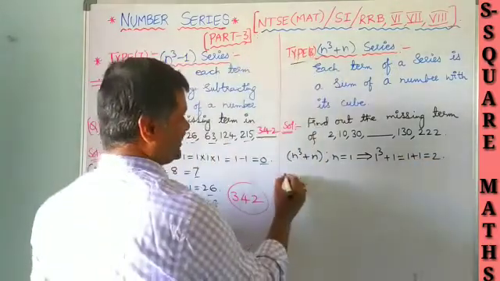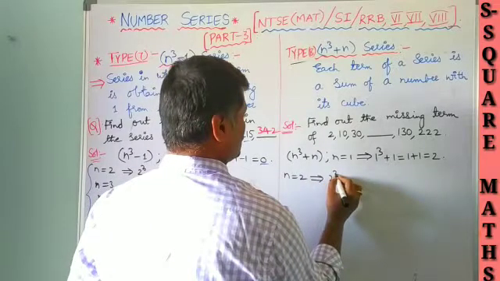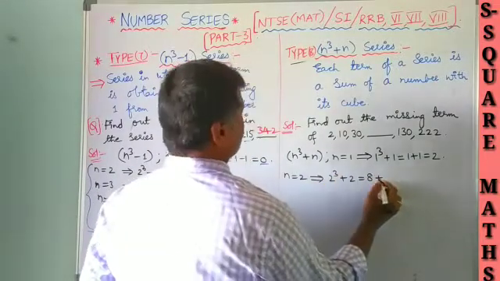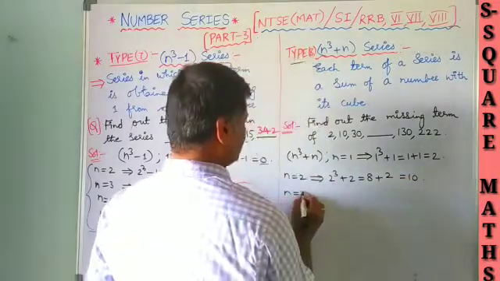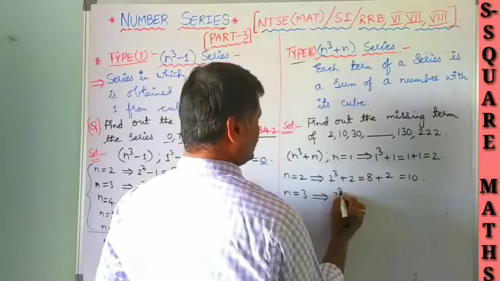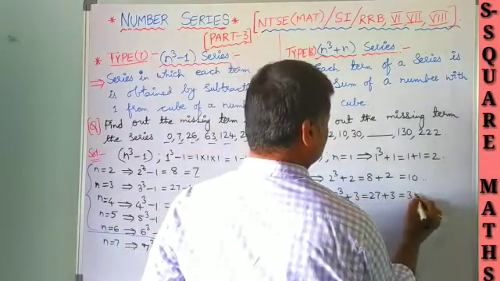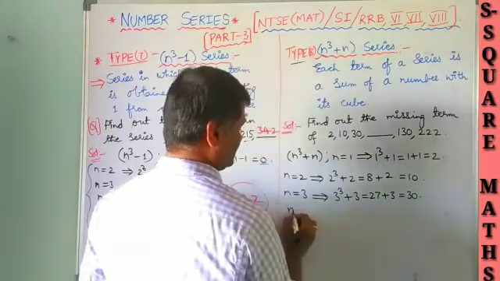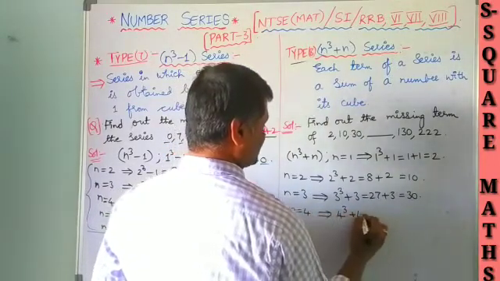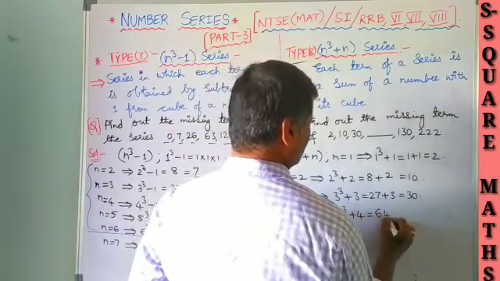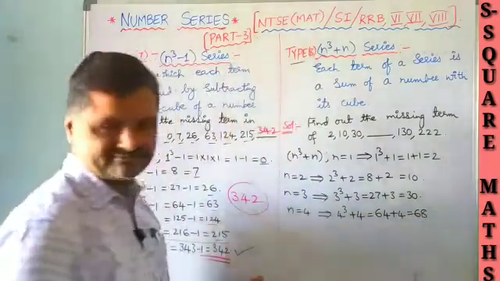In the same way, n is equal to 2 implies 2 cube plus 2, 8 plus 2, nothing but 10. Next, n is equal to 3, 3 cube plus 3, 27 plus 3 gives you 30. Next, n is equal to 4, 4 cube plus 4, 64 plus 4 gives you 68.